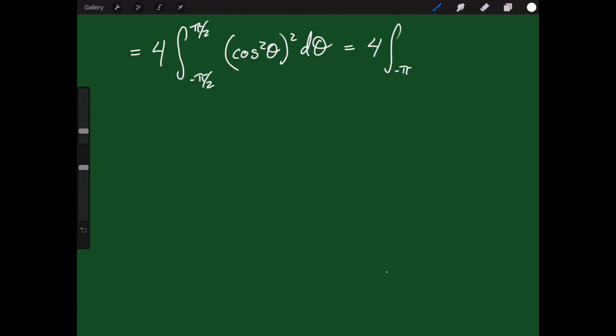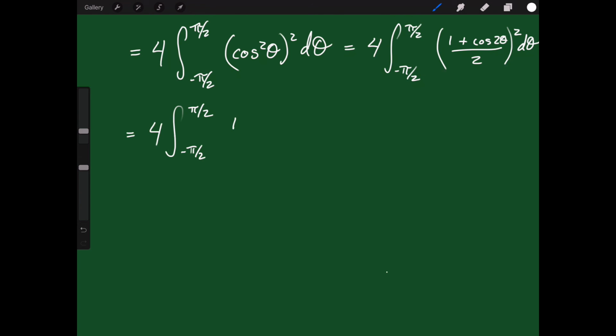I have 4, negative pi over 2 to pi over 2, of (1 plus cosine of 2 theta over 2) quantity squared d theta. By the way, this 2 on the bottom, I need to square it. It'll become a 4. I could pull it out as a 1/4. Correct? So now I have 4 over 4 on the outside, and I just need to square the top.